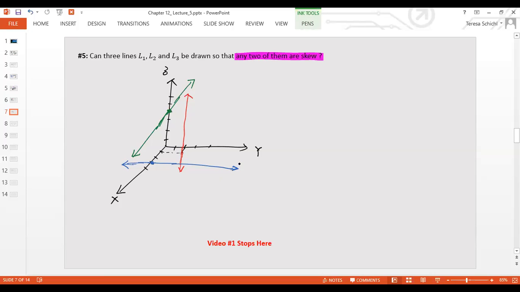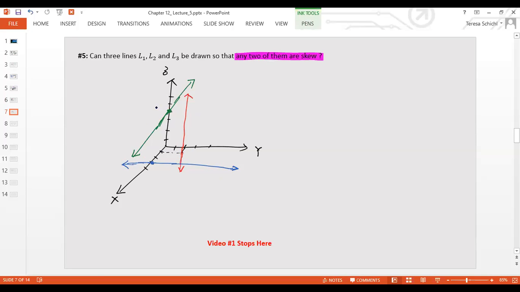So for example, the red one and the blue one: they are not parallel, but they're not going to touch. In my graph it looks like they will touch, but they don't, because they go through the XY plane when x is equal to 1.